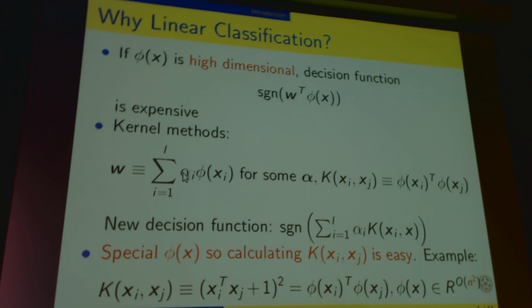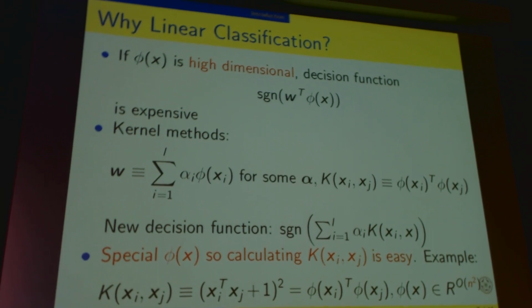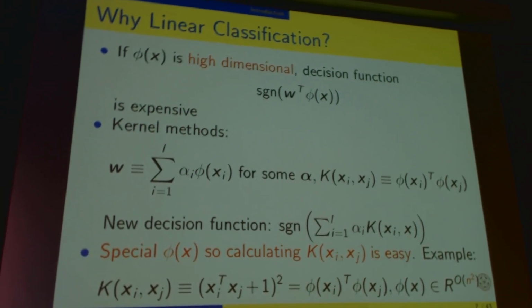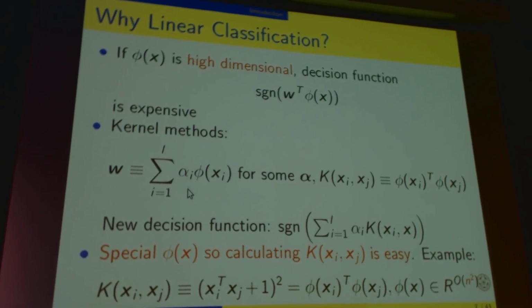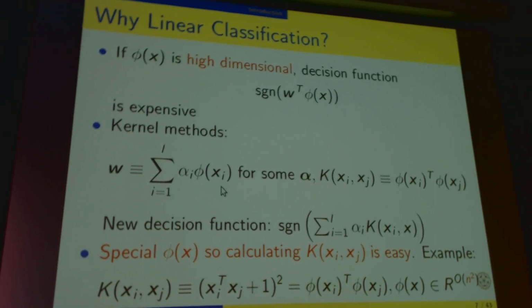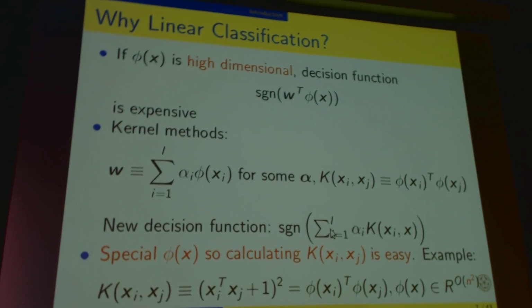Somehow kernel methods manage to have this property so that your weight vector is a linear combination of your training vectors. So we see this linear combination with coefficients alpha i. And once you have such a representation, then your decision function can be represented by the summation of a bunch of inner products, and each inner product is called a kernel value.